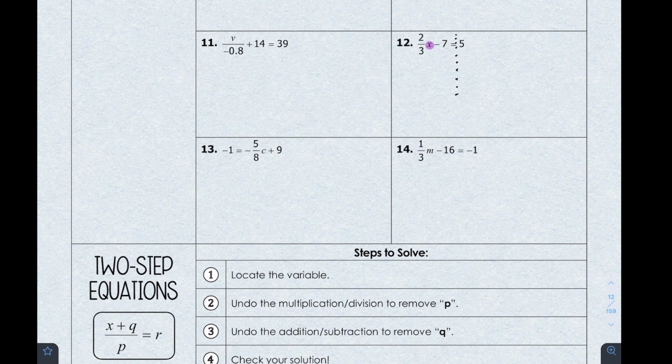So to do that, I see the variable term is going to stay put for a second. I'm going to bring that -7 over. The inverse of that would be to add it to both sides. I am now left with 2/3 x equals 12.